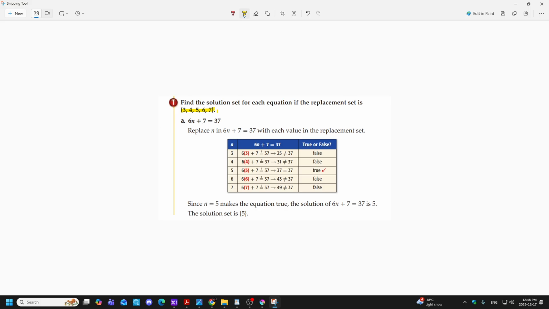Replace n, in other words, substitution. What is substitution? Substitution in math is the process of replacing a variable, such as a letter, with a specific number or an equivalent algebraic expression to solve equations, evaluate formulas, or simplify problems.